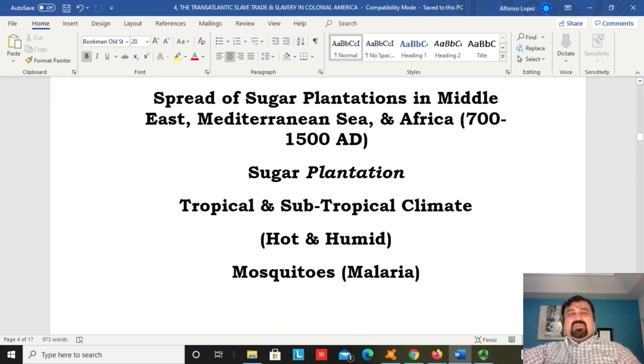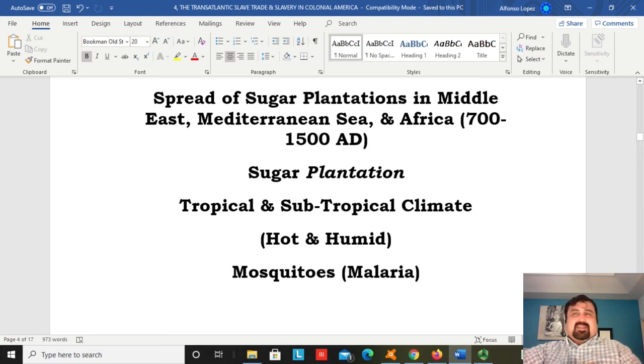What we're going to see is that when this plant, sugarcane, was exported, people began to find an almost immediate attraction to the sweetness of sugar. It created an instant demand, a market for sugar.